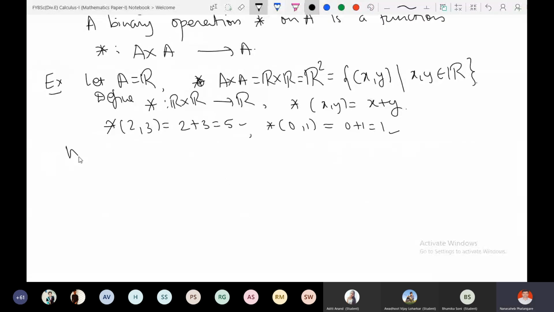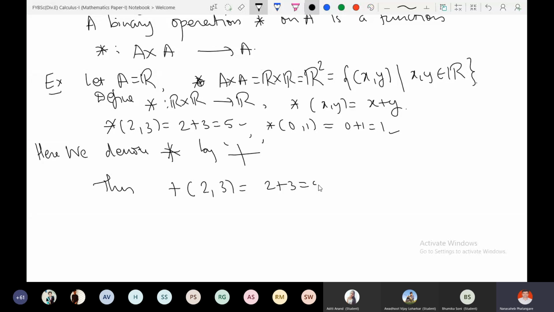So we denote the star by plus. Thus, if we apply plus on (2, 3), what will I get? 2 plus 3, which is 5. Is it clear what I am saying?